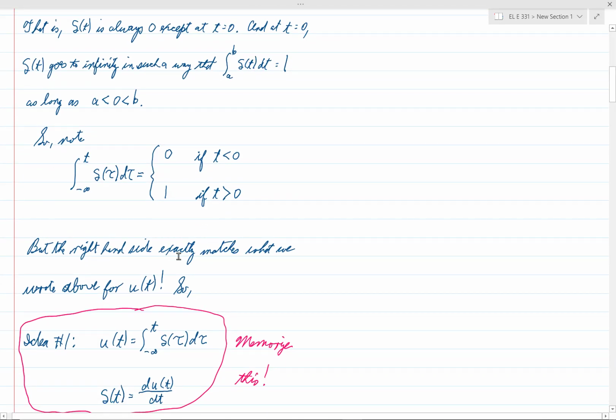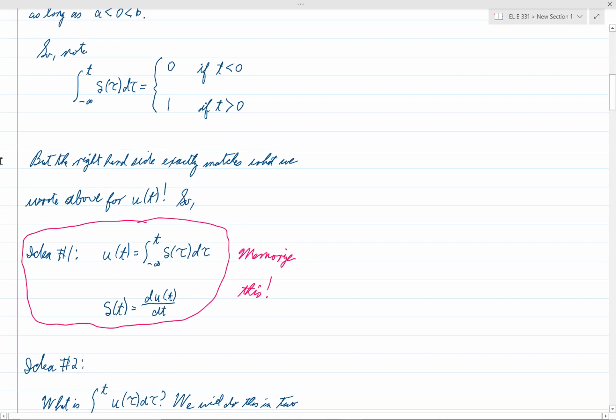So therefore, we conclude that the integral from negative infinity to t of delta of tau d tau is u of t, which is just this equation with the two sides swapped. Or equivalently, we could say that the delta function, delta of t, is the derivative of u of t.